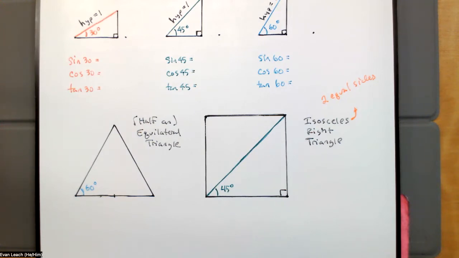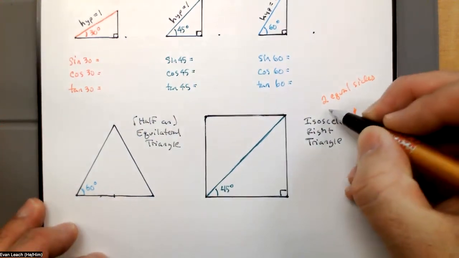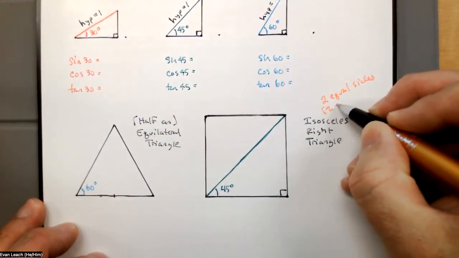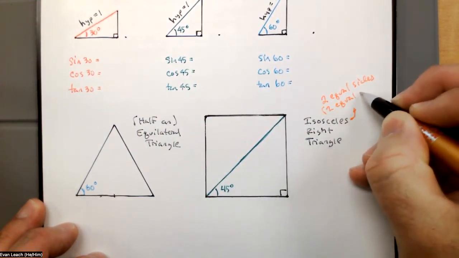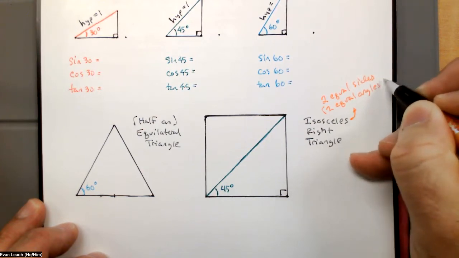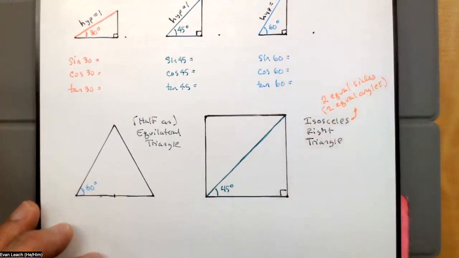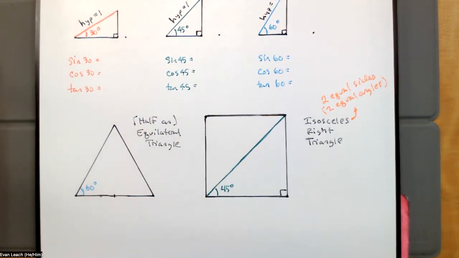Angles opposite equal sides are equal. And we're going to imagine it by taking a square and cutting it down a diagonal.